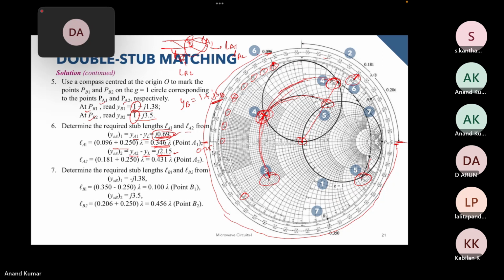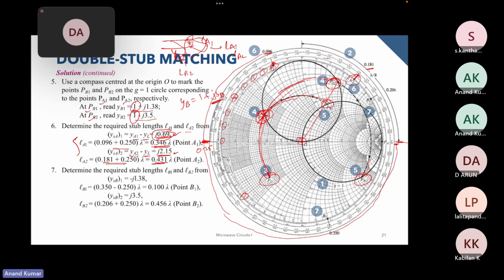So we take this entire path. So this A2 is actually 0.181, and then we have 0.25. So we add them, we get 0.431 lambda. So we have found out the two possible values for LA1 and LA2.